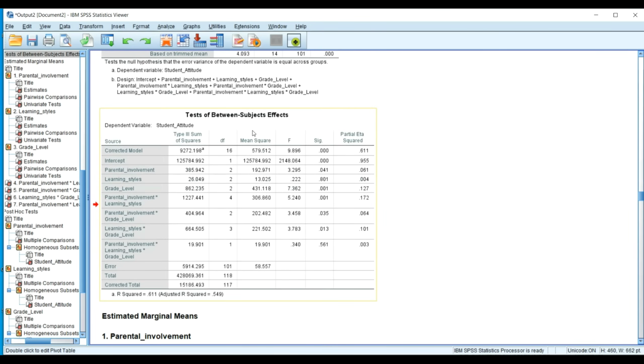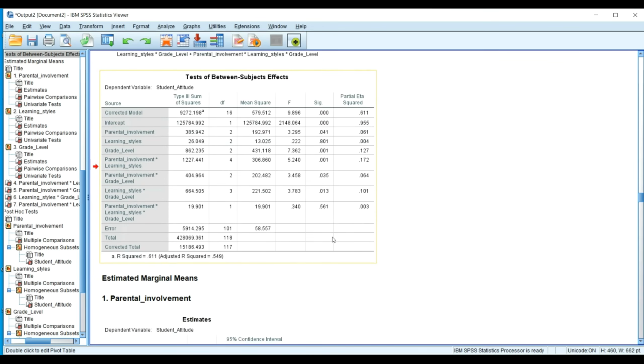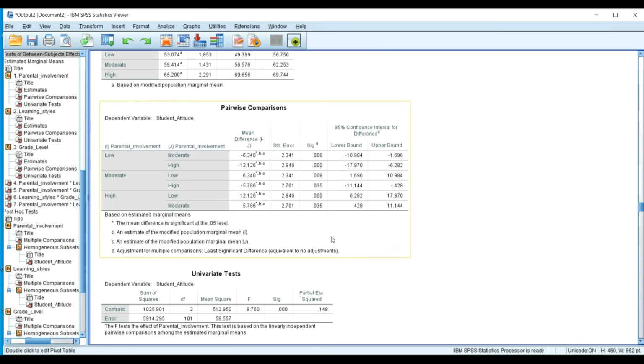So if, for example, you run the analysis and none of these are statistically significant, there is basically no reason for you to go on to conduct the post hoc test, because the post hoc test enables us to understand the level at which each of the three levels contributes significantly to the dependent variable.